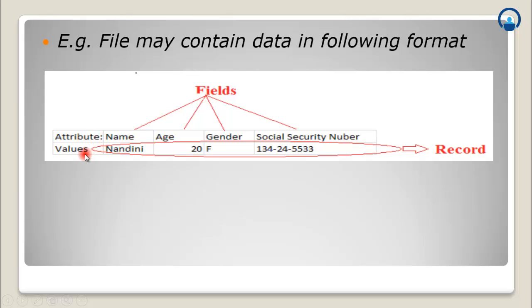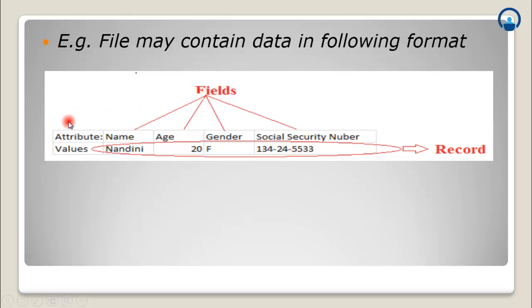So the name attribute has value Nandini. Age attribute has value 20. Gender attribute has value F, that is female, and social security number attribute has value 134-24-5533.